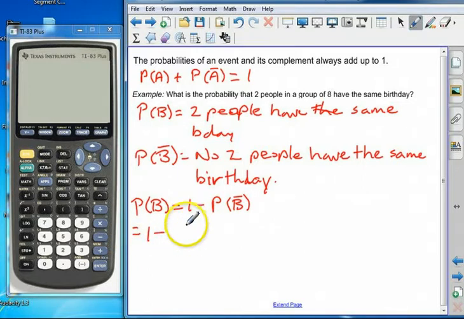Okay, so if nobody can have the same birthday, that means the first person has 365 days to choose from. That leaves 364 for the second person to choose from, and 363 for the third person to choose from, on down to 358 for the 8th person to choose from.